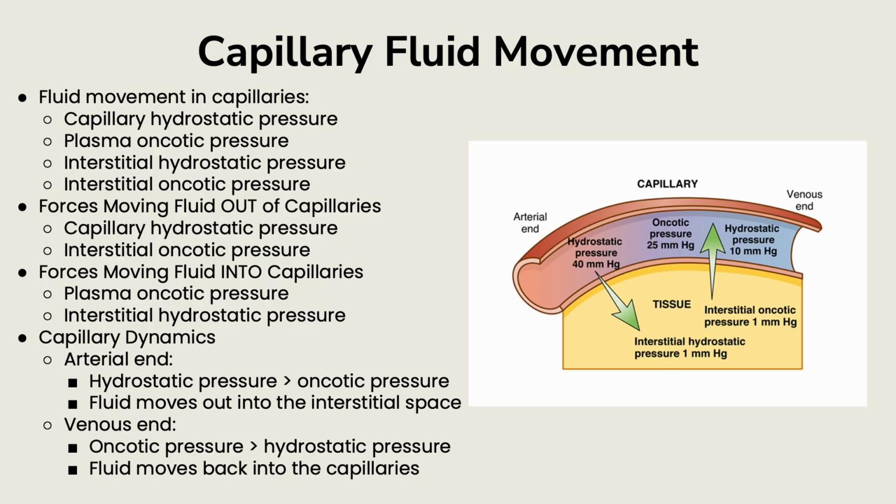And this is where fluid exchange, the fluid movement, comes into play: the hydrostatic and the oncotic pressure. So at the arterial end of the capillaries, so you have your arteries, then your capillaries, and then your veins. Arteries send high pressure fluid, blood from the heart into the capillaries. It becomes lower pressure.